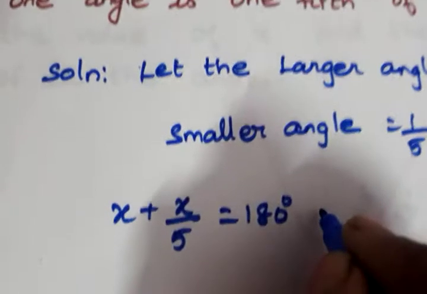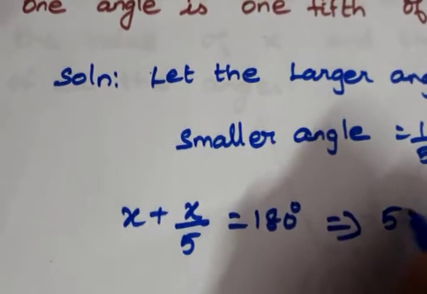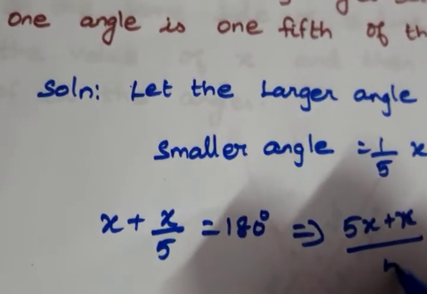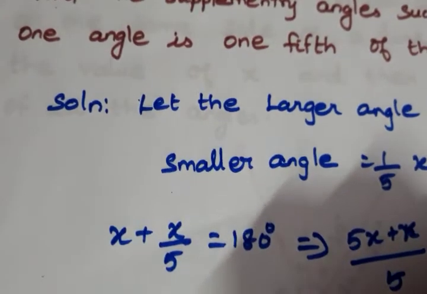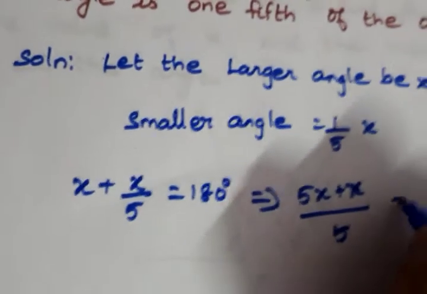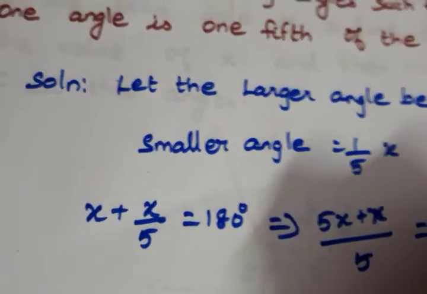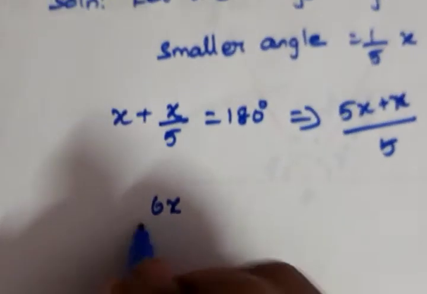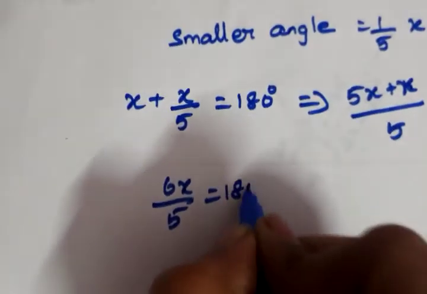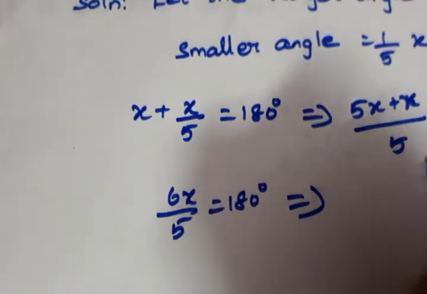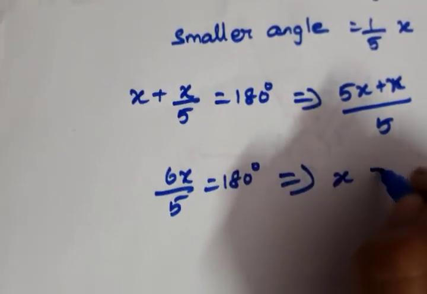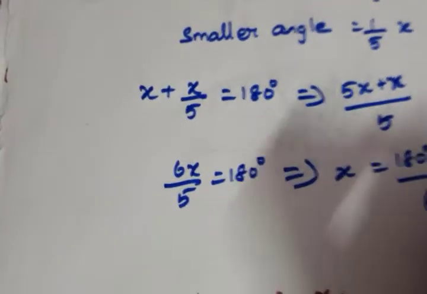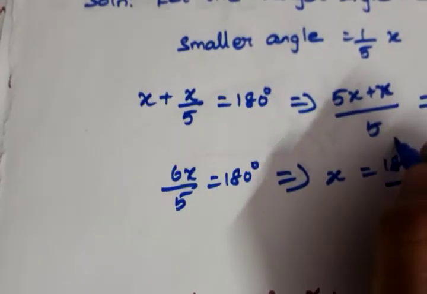That implies 5x plus x by 5 equal to 180 degree. So that value 6x by 5 equal to 180 degree. That implies x equal to 180 degree into 5 by 6. Cancel it, 30.